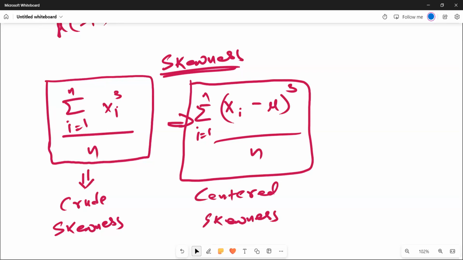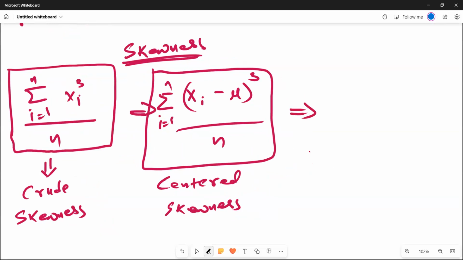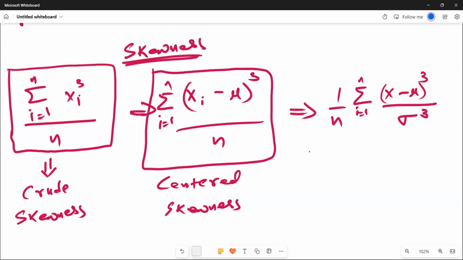All right. Now, there's one more thing that can be done: I can standardize this. How I can standardize this is I again take the summation from 1 to n, the (X minus mu) cube will remain as it is, and the 1 by n will remain as it is. What I'll do is simply divide it by the cube of the standard deviation.